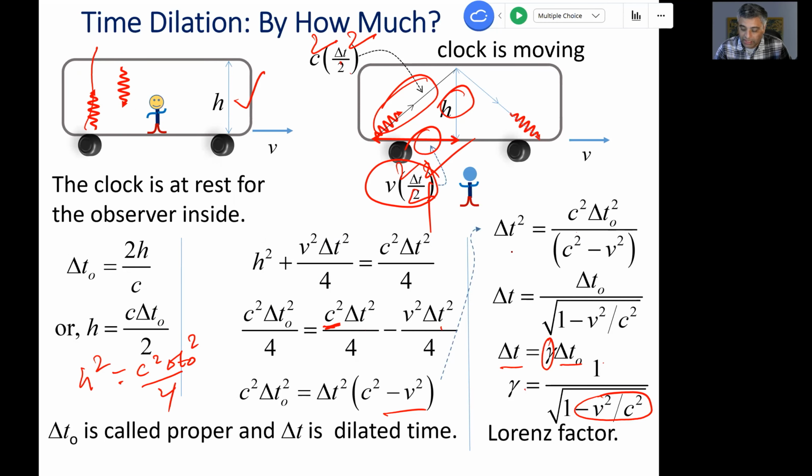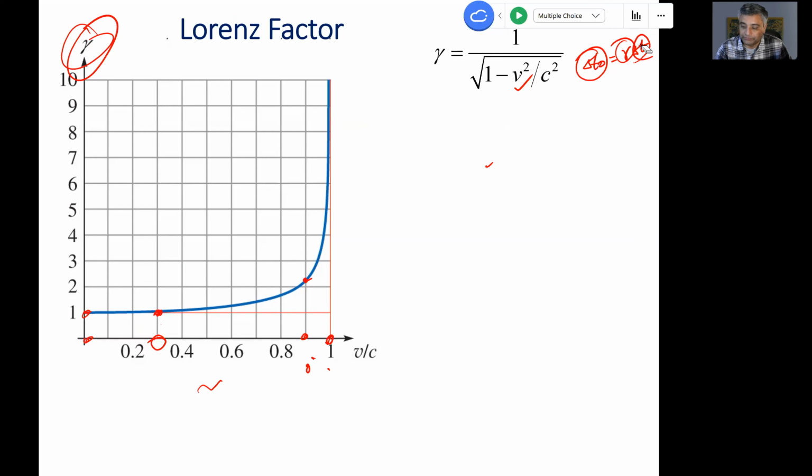Oh, yeah, I wrote it the other way around. Delta t is gamma times delta t0. So since these two times are related through gamma, how gamma changes tells us how time is changing, right? So that's what we looked at here. So what happens? Gamma becomes really large when v approaches c.